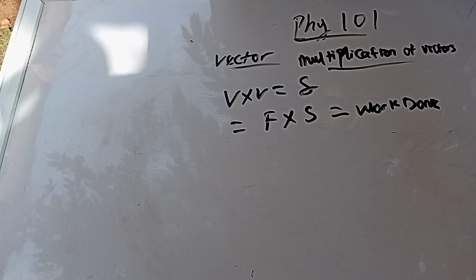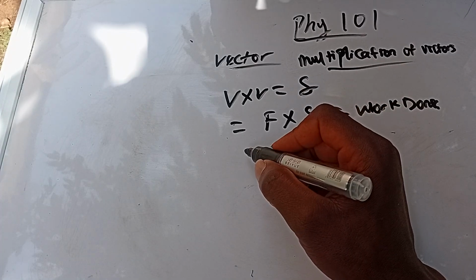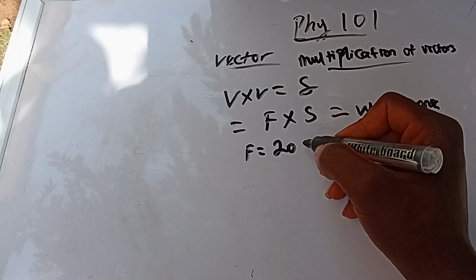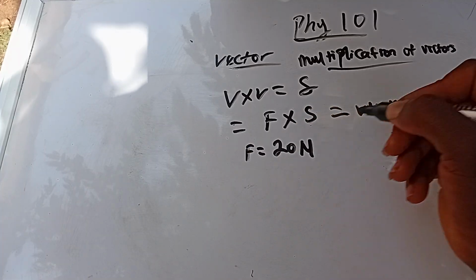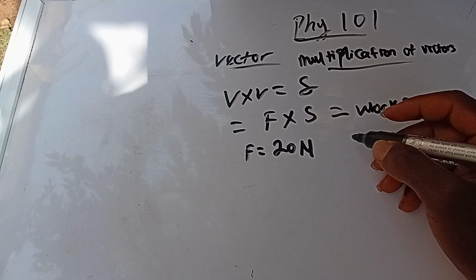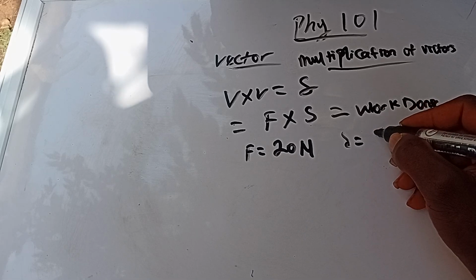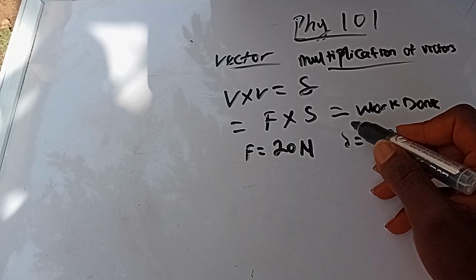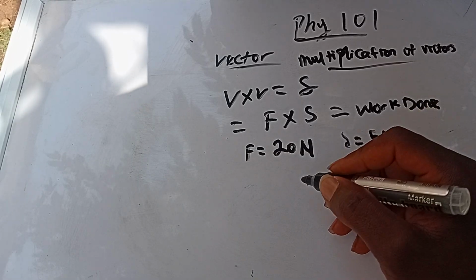For instance, if a body is pushed with a force of 20 Newton and moves a distance of 5 meter in the direction of that force, find the work done. Because work done is a scalar quantity, we are going to use dot product.